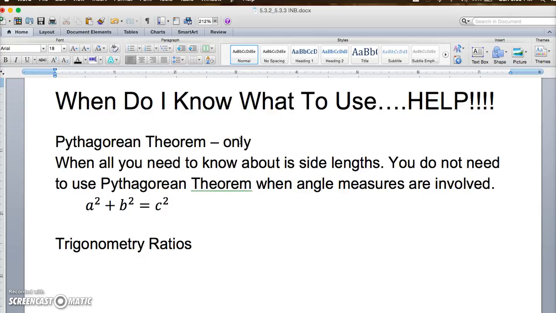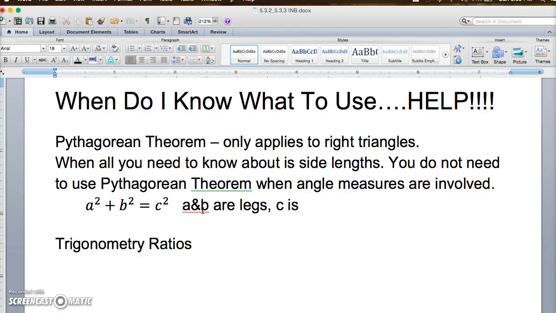And remember, this only applies to right triangles. And a and b are legs. c is the hypotenuse.